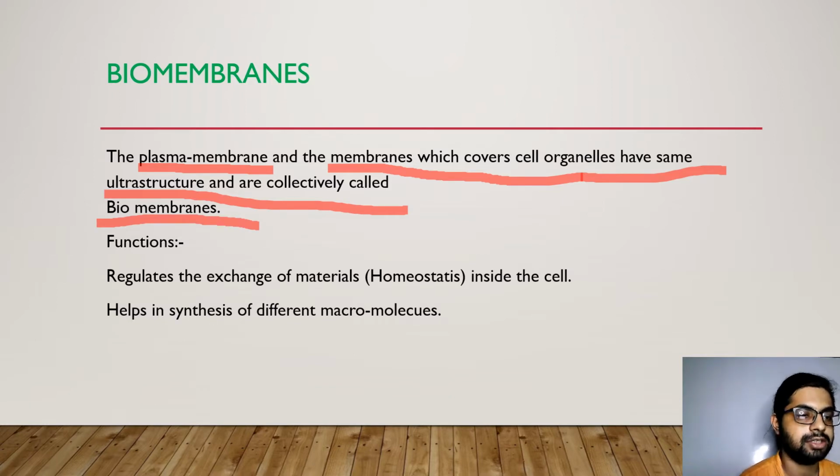What are the functions? It regulates the exchange of materials in and out of the cell to maintain cell homeostasis, that is regulation in the cell, and thus helps in the synthesis of different macromolecules. Molecules are sometimes called moieties.